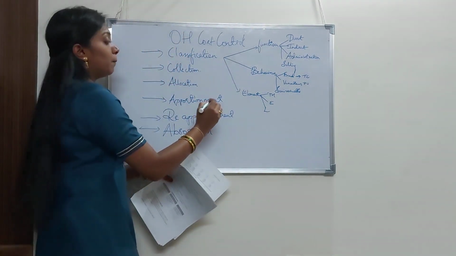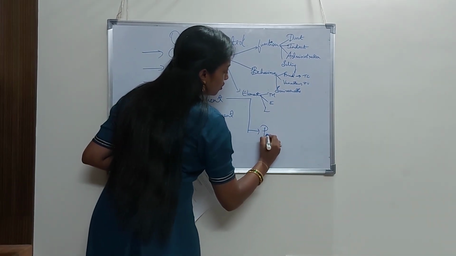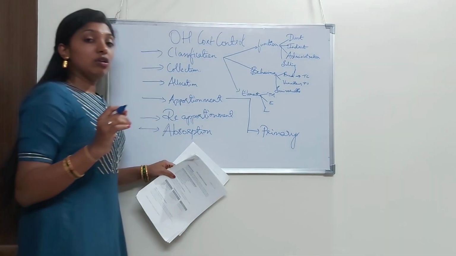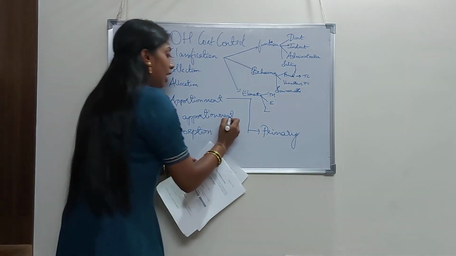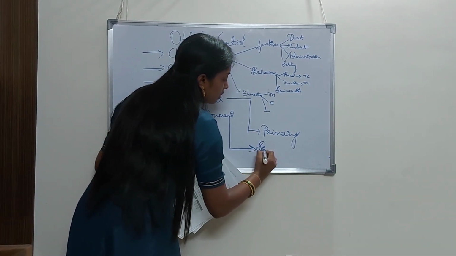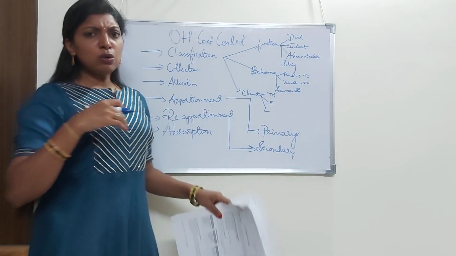So under apportionment, we are going to have the primary distribution summary. Under apportionment of overhead, we will be dealing with the primary distribution summary. Under reapportionment of overhead, we are going to deal with the secondary distribution summary. What is apportionment?